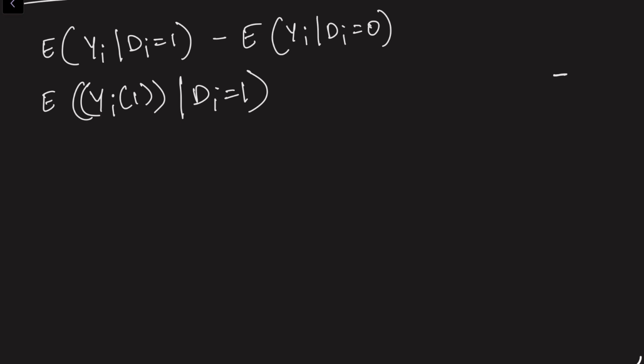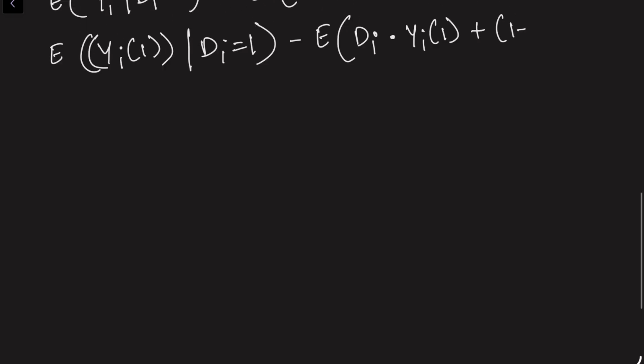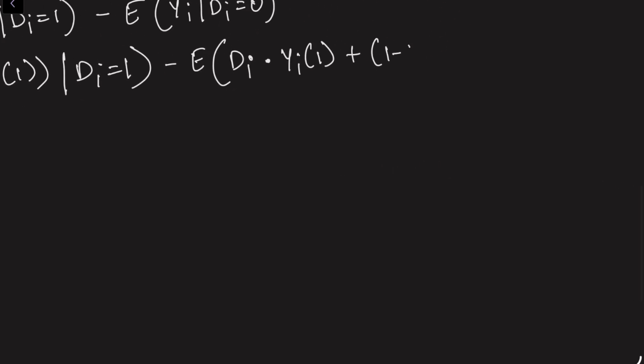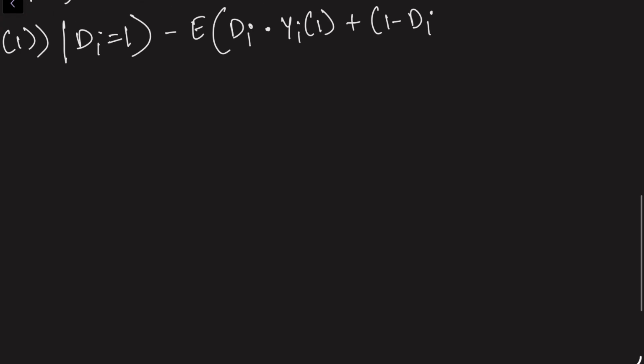Okay. Similarly, let me do it for the second term. If you didn't understand it from the first term, maybe when I do it for the second term, it will make sense. So again, I write the same formula, yi, as a function of the potential outcome of 1 plus 1 minus di, of y0 given that di is equal to 0.